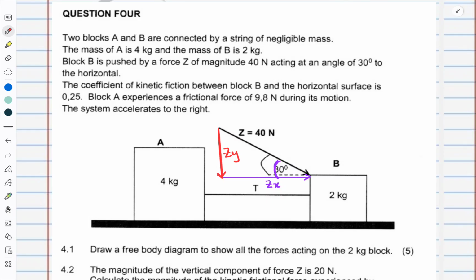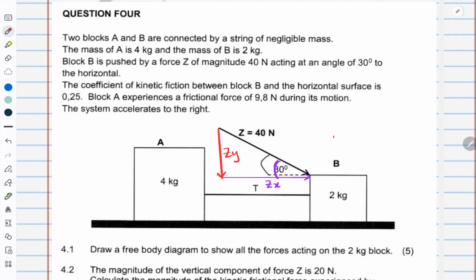Now let's continue reading. The coefficient of kinetic friction between block B and the horizontal surface is 0.25. Then block A experiences a frictional force of 9.8 newtons.